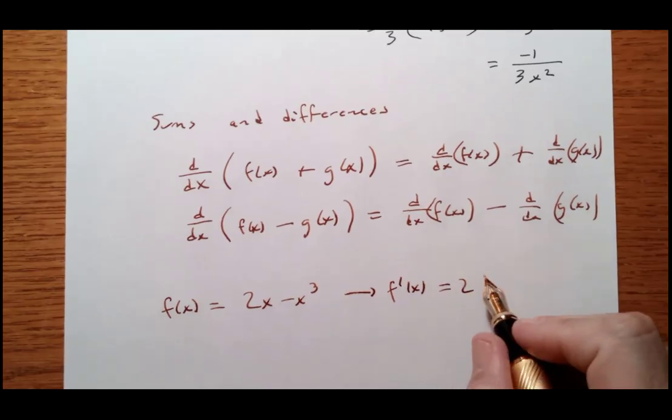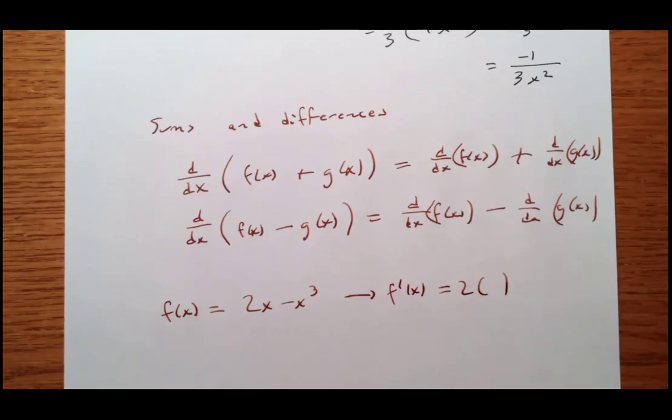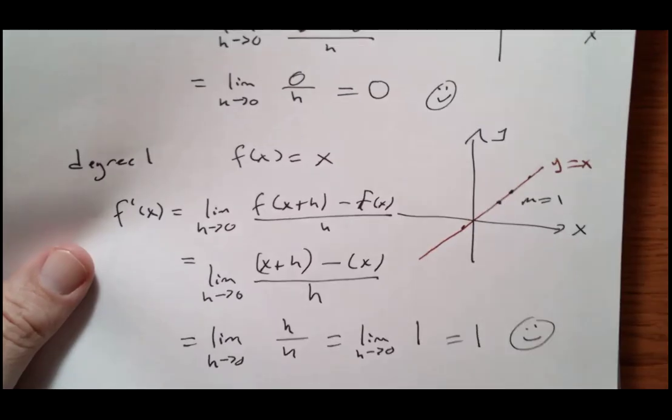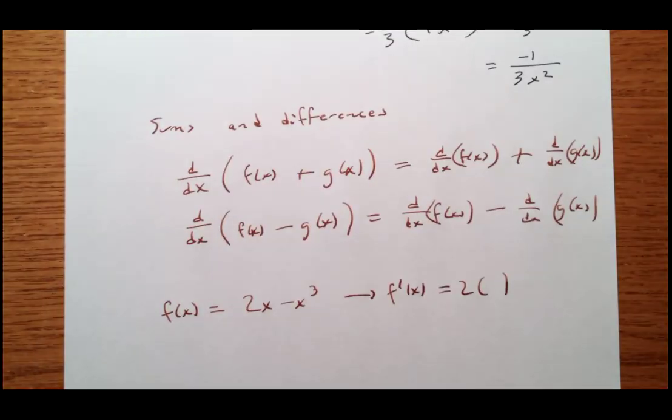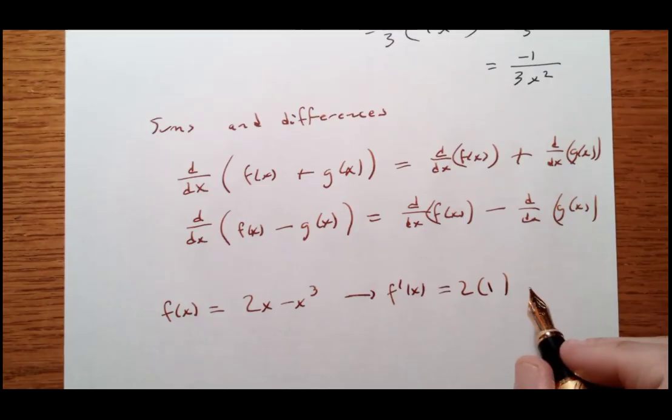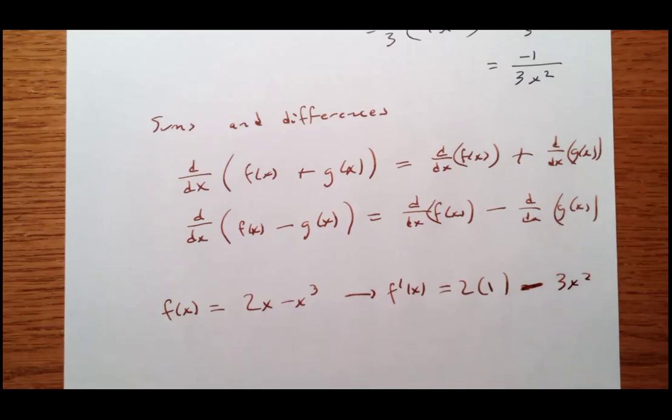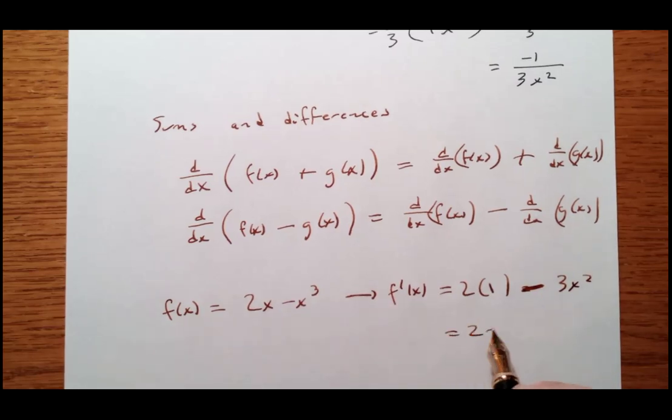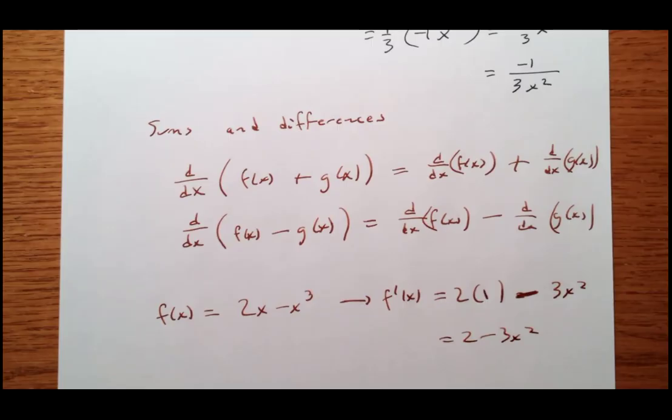What's the derivative of x? Oh, I got to back up a couple pages. The derivative of x is 1. The derivative of x cubed is 3x squared. And those are subtracted because these are subtracted. The answer is 2 minus 3x squared.